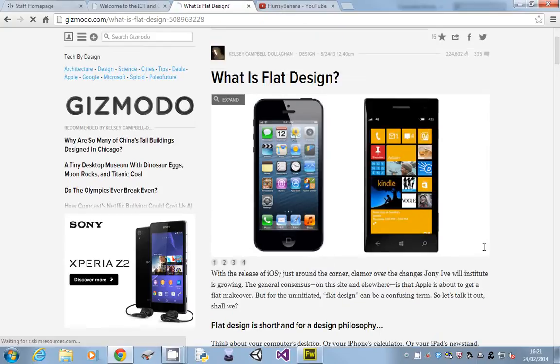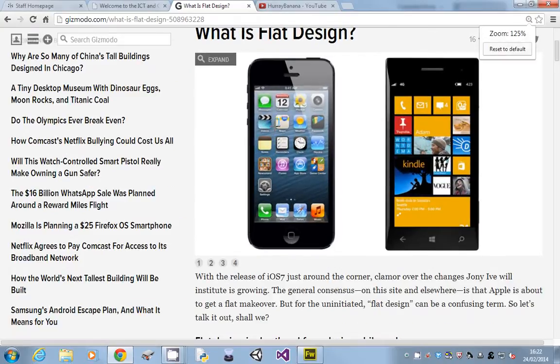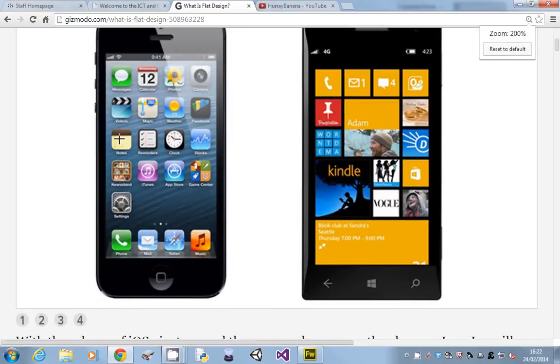Here's one talking about the difference between iOS and Windows Phone. Windows Phone went from the very get-go as a flat system, whereas you look at some of the stuff on iOS, if I zoom that in, the note-taking icon looks like a notebook.